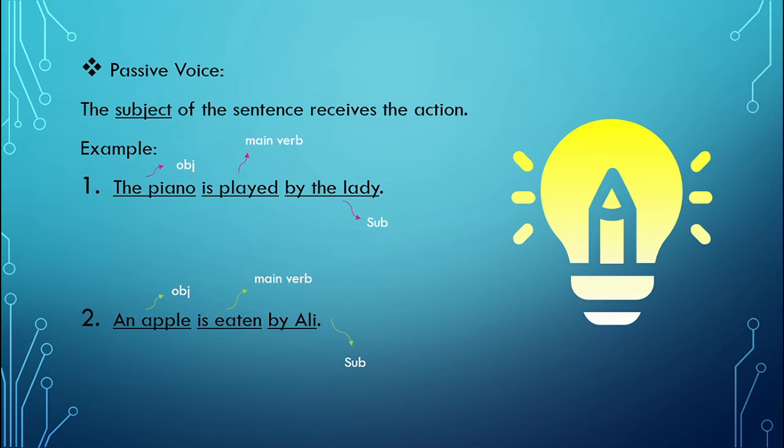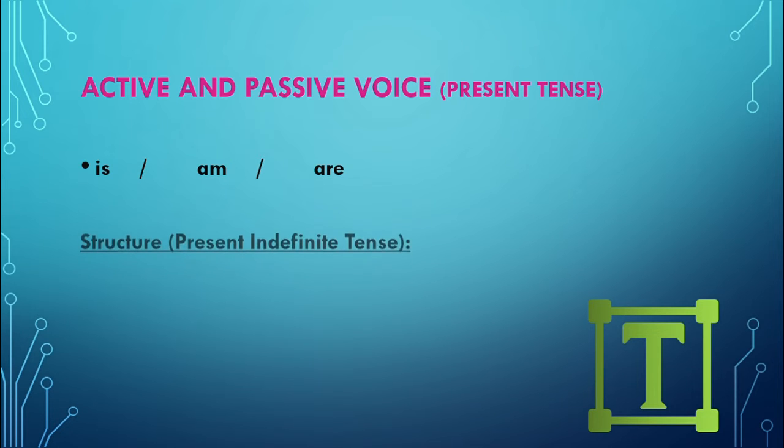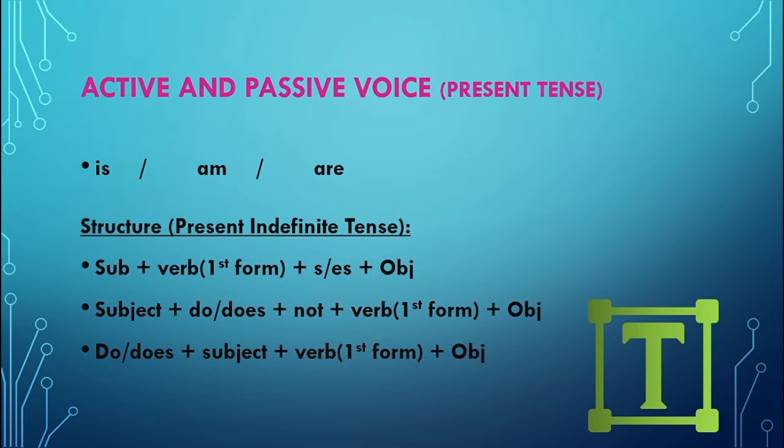We use auxiliaries and helping verbs to show the tense. Moving on, if you recall that present tense uses auxiliaries is, am and are. And now I'm going to mention the structure that you are probably familiar with, present indefinite tense, that you've been using for a long time now.